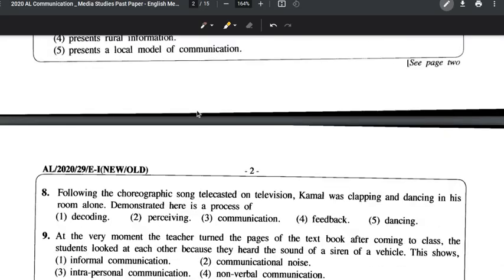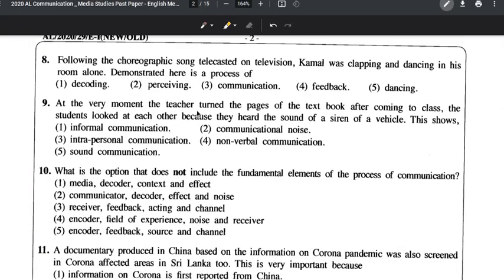Then the eighth question: following the choreographic song telecast on television, Kamal was clapping and dancing in his room alone. Demonstrated here is a process of what? Actually that is communication, not decoding, not feedback, but you may feel that they are the answers.